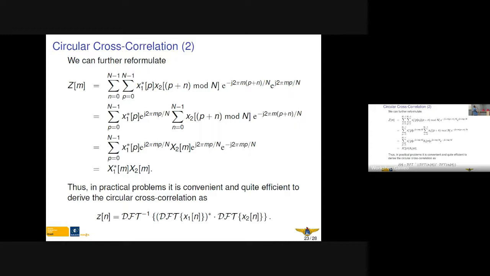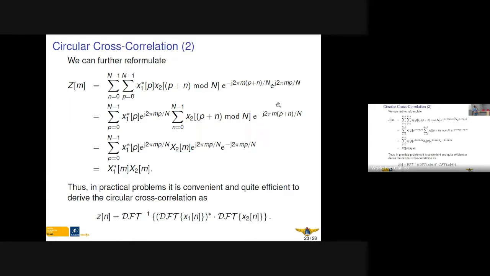I'm expanding this here now. We can reformulate this by breaking it up. In the end, we are rewriting this exponential function, because we add here minus j2 pi mp divided by N, and we multiply again with e to the j2 pi mp divided by N. So we are not changing anything.